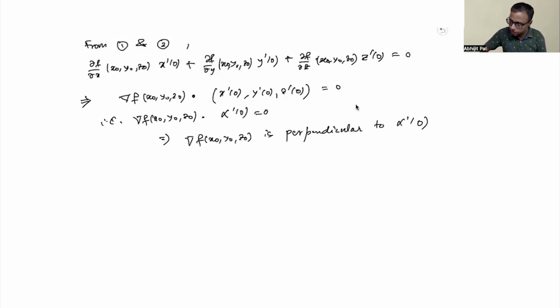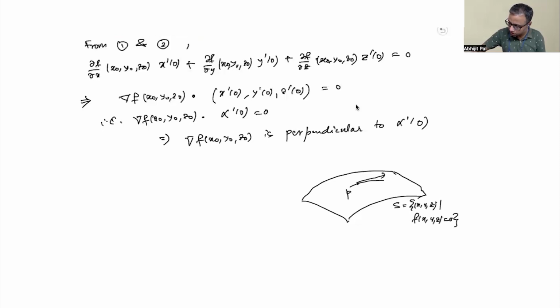Okay, so now let me again draw this picture. Suppose you have the surface S, and the surface is given as the set of x, y, z such that f of x, y, z is equal to 0. And now you have taken a point P here, and suppose this is my tangent vector alpha prime 0, and this grad will be orthogonal to this tangent vector.